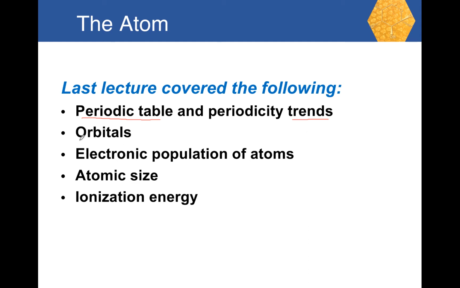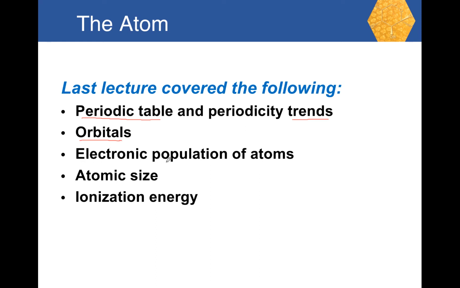Next, we looked at orbitals. Definition: orbitals are the regions outside the nucleus most likely to find the electrons. And remember that there are different sizes and different shapes for these orbitals, and different letters and different numbers we describe as quantum numbers.